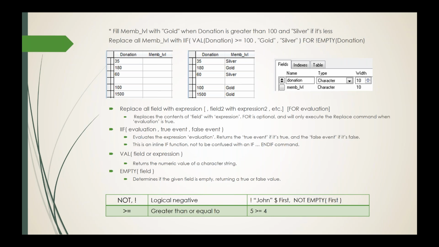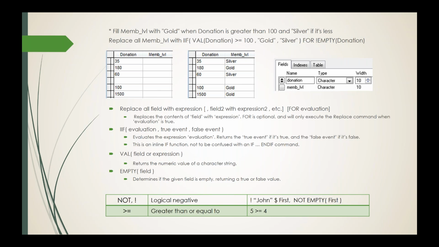So that's our true event. Gold is going to be what happens when the value of donation is greater than 100. After that, our final parameter is silver. So if it's not greater than 100, silver is what's returned by this if function, and that's what the mem level field is going to be replaced with.